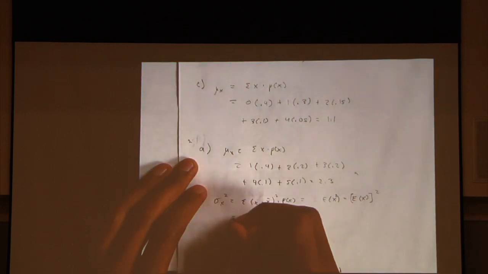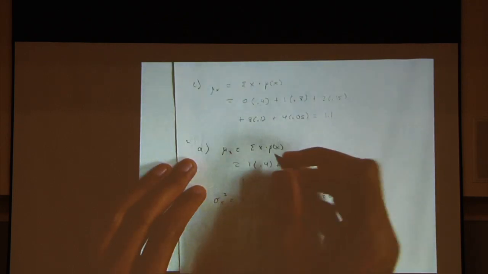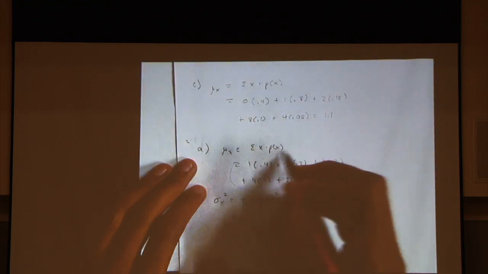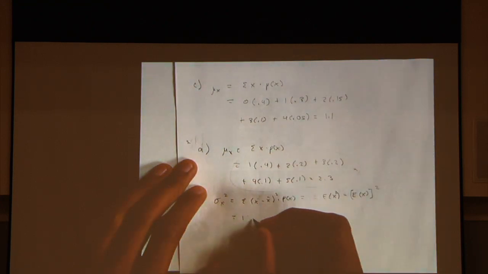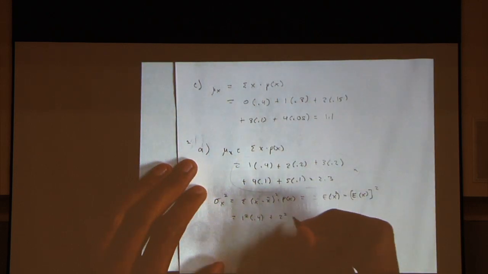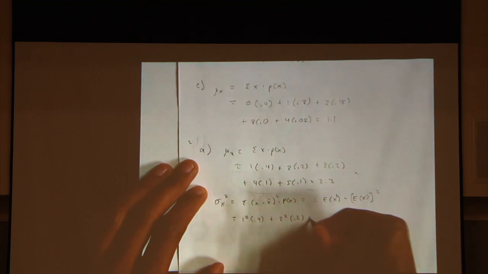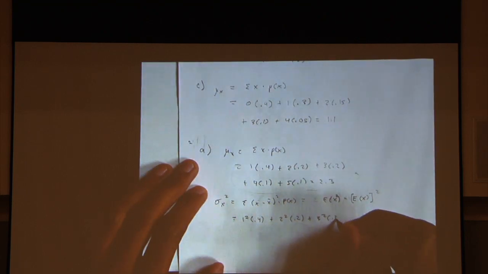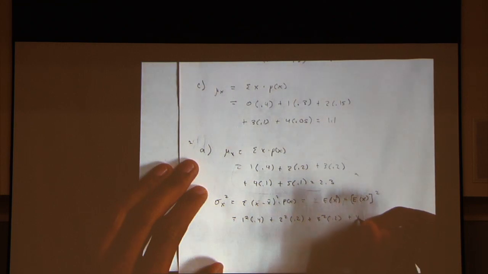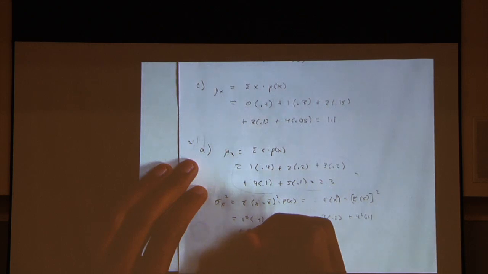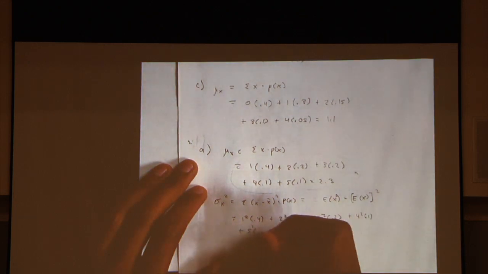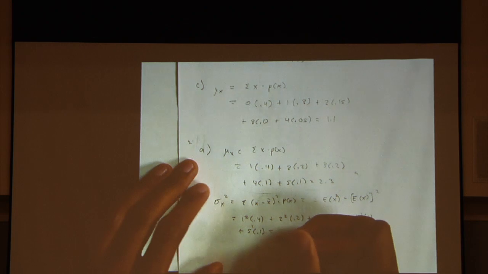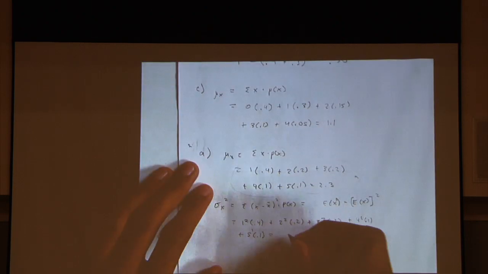So then we can just go and do 1. For each one of these, we're just going to square the given x and not the probability, right? So it's 3 squared times 0.2 plus 4 squared times 0.1 plus 5 squared times 0.1, which ends up being about 1.81.